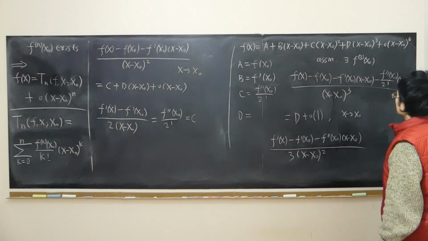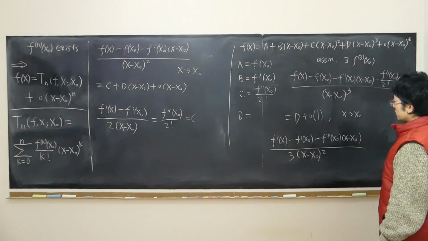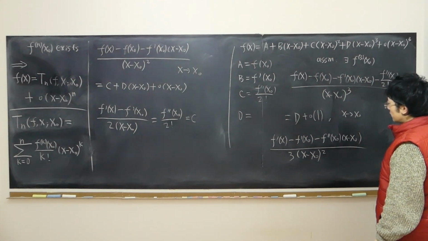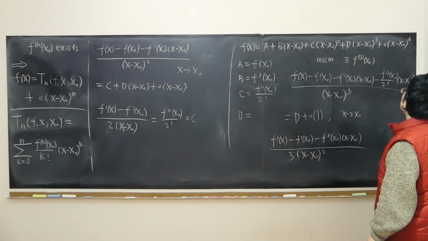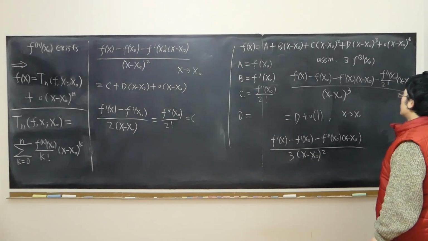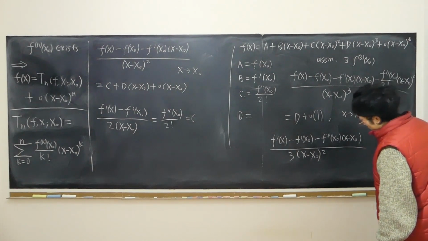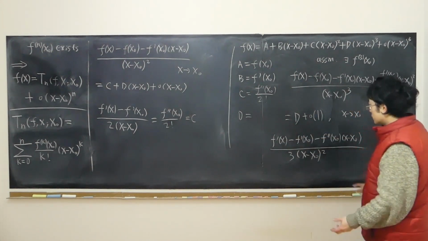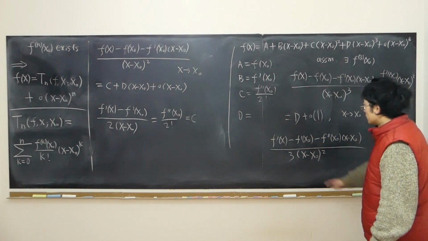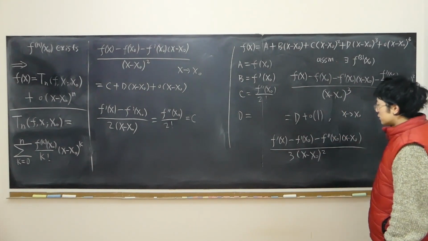Because the existence of the third order derivative at x naught implies the second order derivative exists at x naught, which implies the existence of the first order derivative nearby x naught. It's easily verifiable. So this approaches f dash of x naught, this and that cancel out, and this easily approaches 0. So still 0 over 0, an undetermined form.